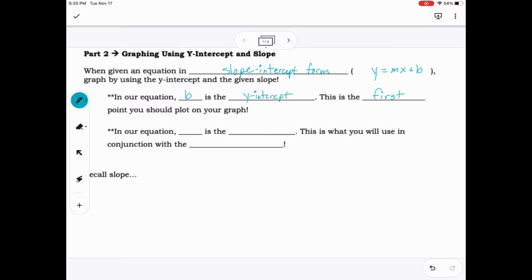So in our equation, m is going to represent our slope. Okay, so this is what you would use in conjunction with the y-intercept.